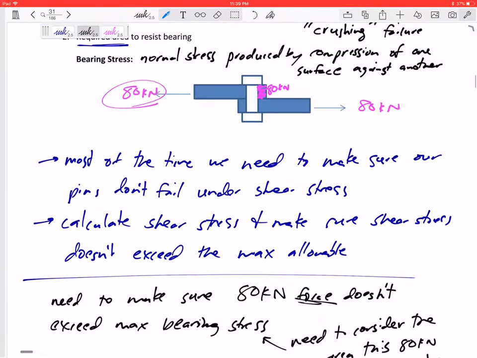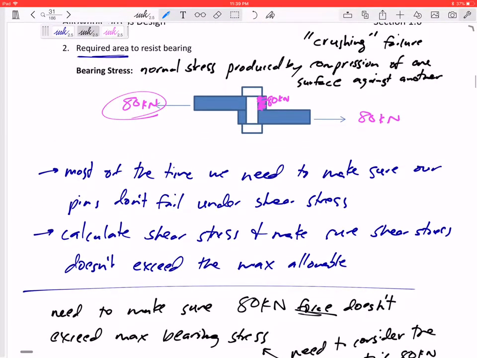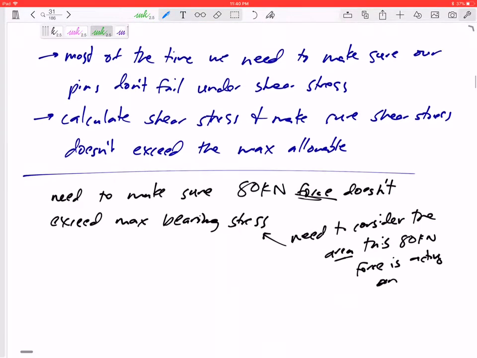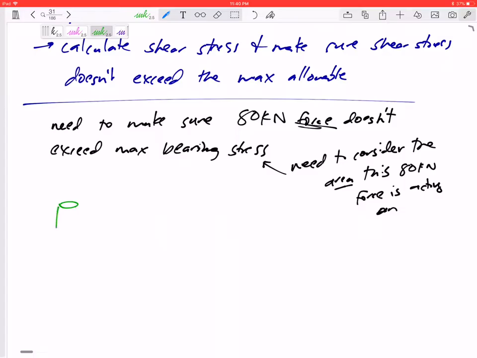All right, so if we look at what area that's acting on, I'm going to attempt to draw this green section of the pin. All right, so here's the green section of the pin. That 80 kilonewton force is acting all the way around here, and it's really kind of acting like this.